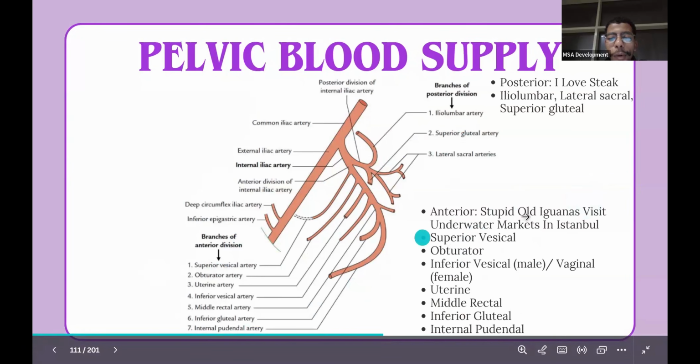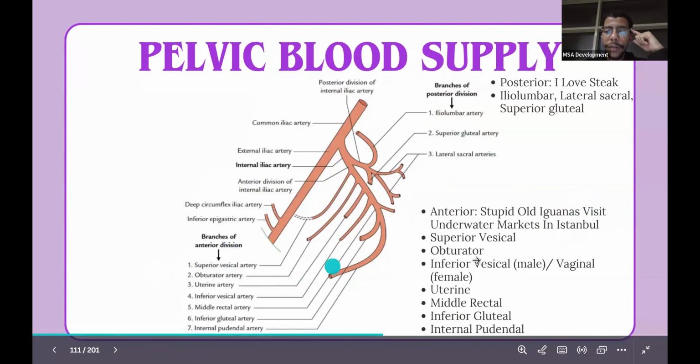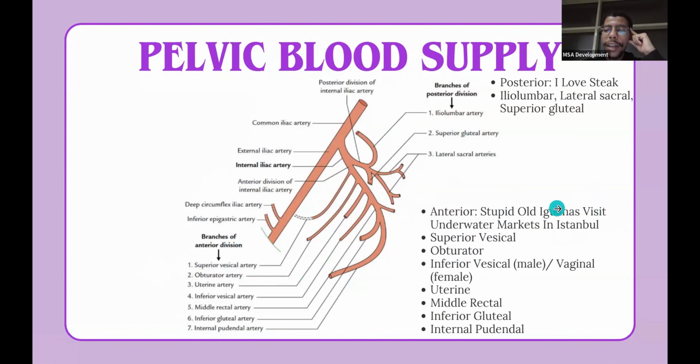Now, a small mnemonic that I made is: stupid old iguanas visit underwater markets in Istanbul. So, stupid, S, superior vesicle. Superior vesicle supplies the bladder. Vesicle means bladder. Then, old, O, obturator artery.